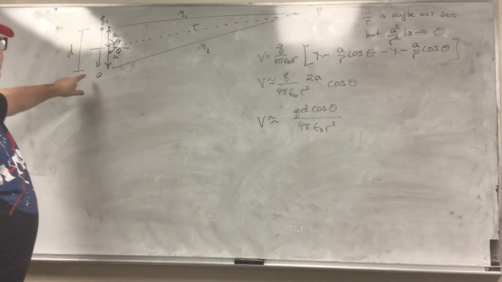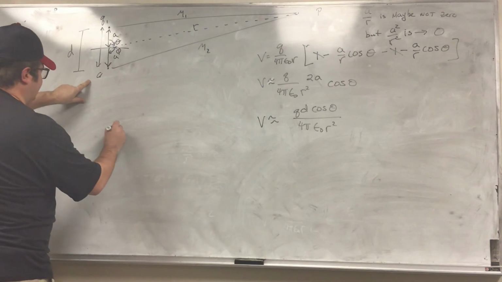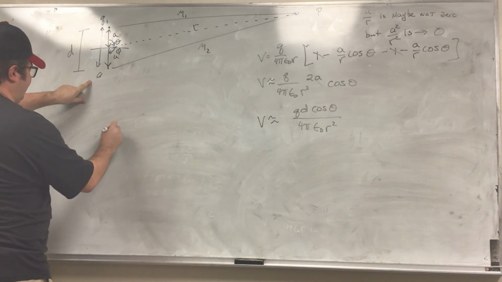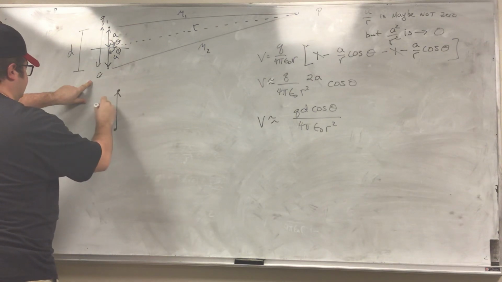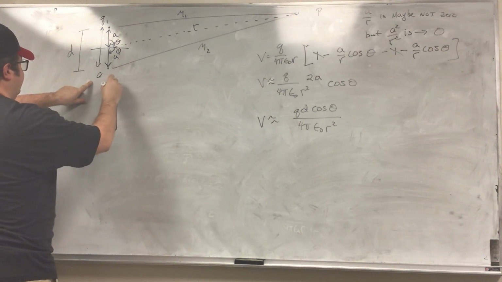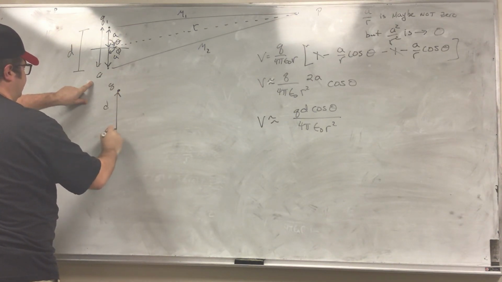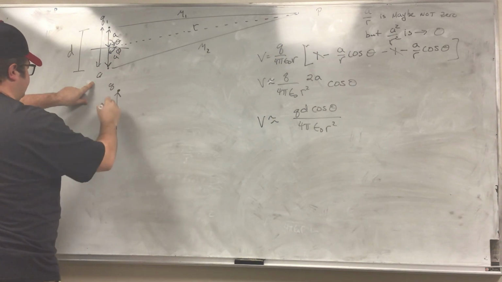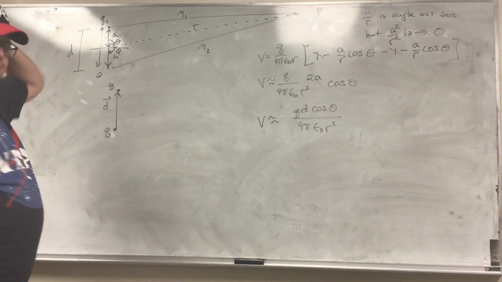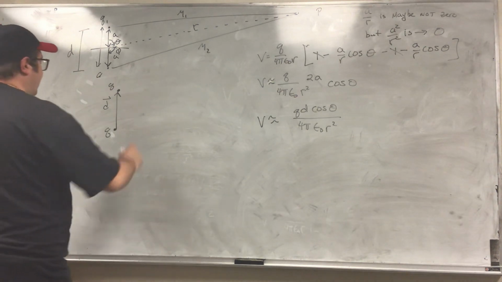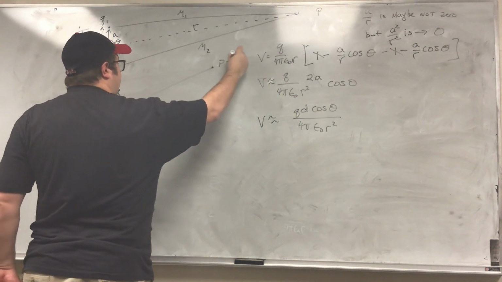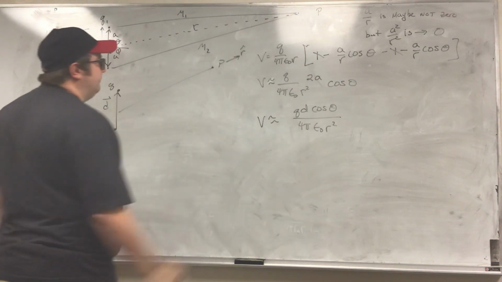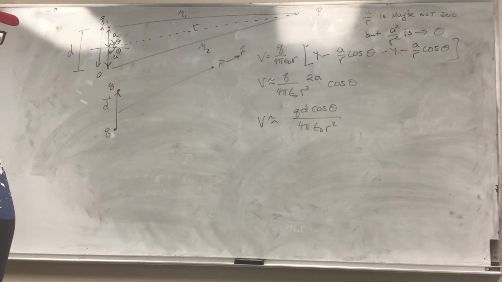Well, if I look at qd and I say that d starts here and goes to this charge, from the bottom charge to the top charge, and I call that my vector, right? And I know that here is my point P, and my r hat points in that direction.